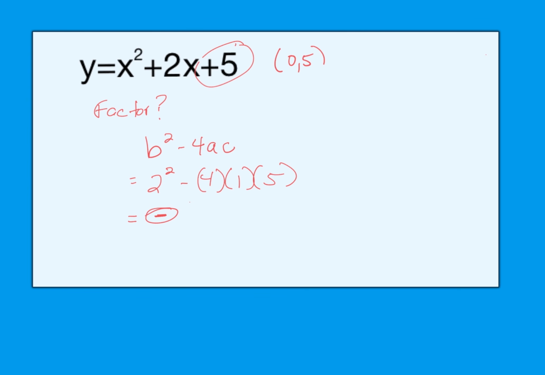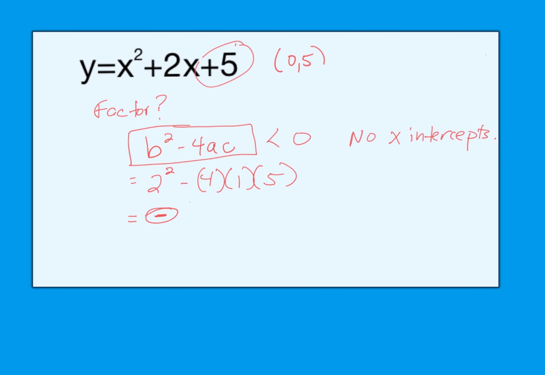So if the discriminant b squared minus 4ac is less than 0, you have no x-intercepts. So we don't have to worry about the x-intercepts. But do we have a vertex? We certainly do.